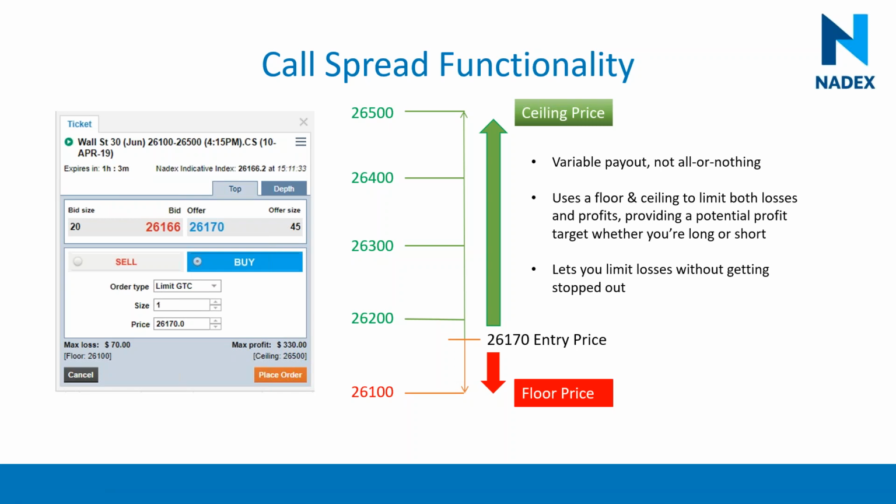But I'm never out of the trade until it expires. So if all of a sudden the market goes from 26,080 or 090 and rebounds and goes past 26,170, I can still make money on that trade. I'm never stopped out. Looking at the shorter term ones, and we'll show how they're structured in a second, that can be a really attractive benefit for paying a little bit of premium.